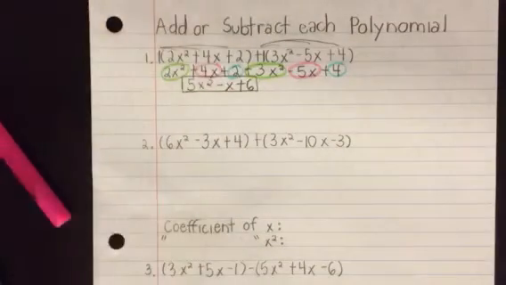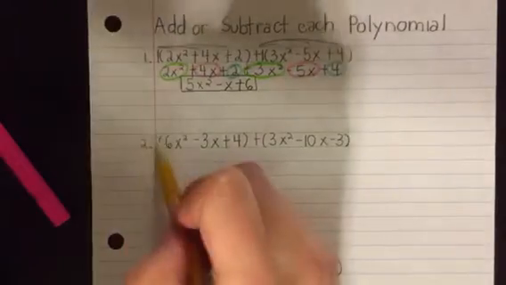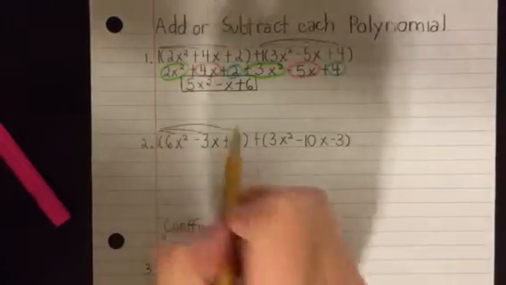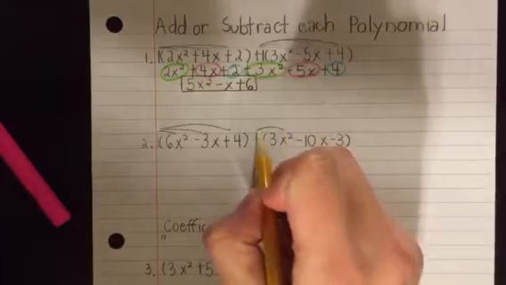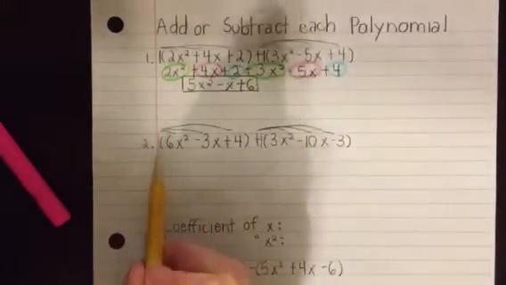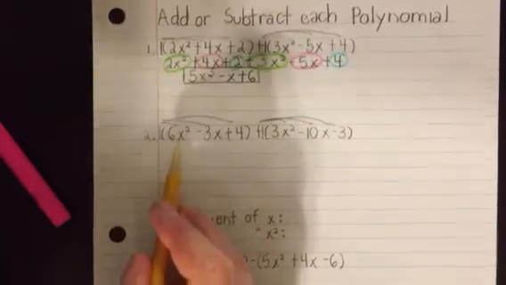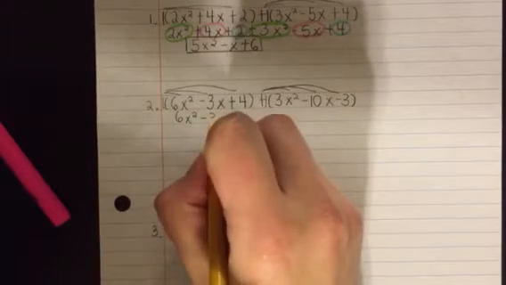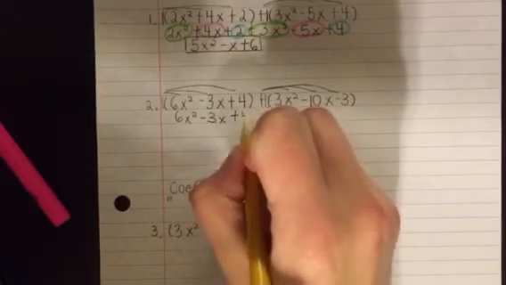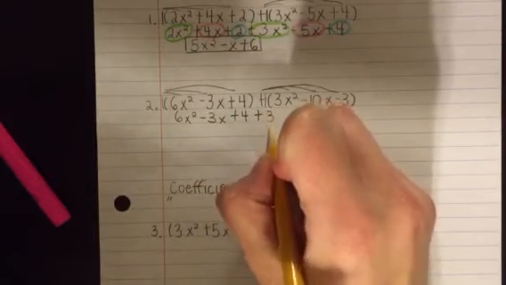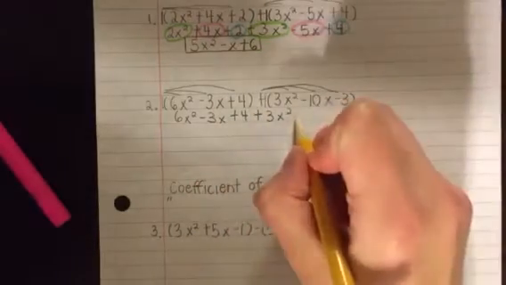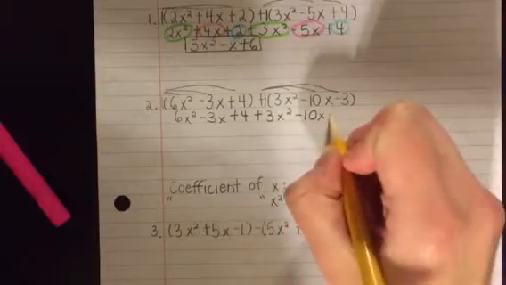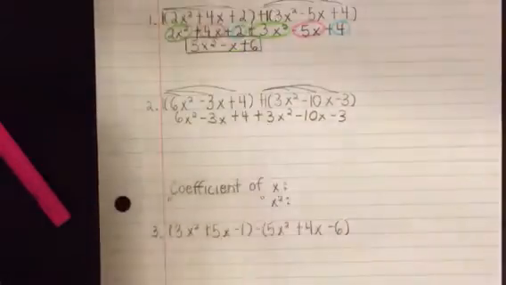Alright, so looking at one more example, same type of thing. I'm going to distribute through that 1, distribute through this 1. Again, they're both positive ones. They're not going to change anything on the inside. So this stays 6x squared minus 3x plus 4, and this stays positive 3x squared minus 10x minus 3.